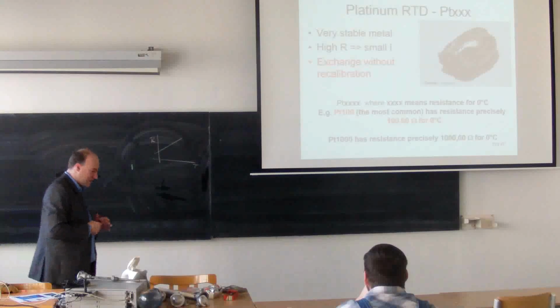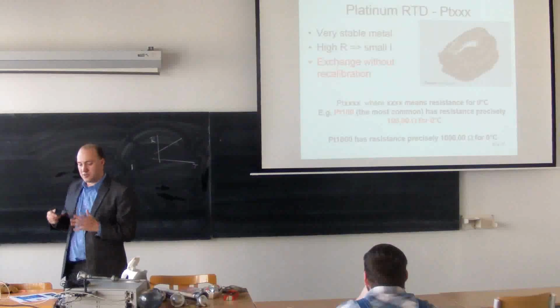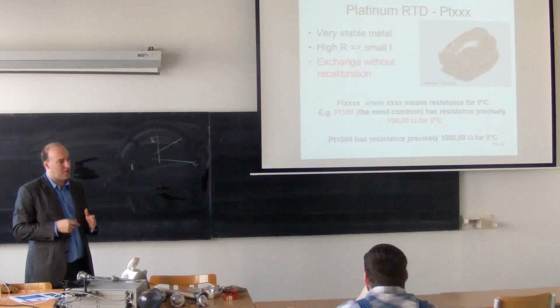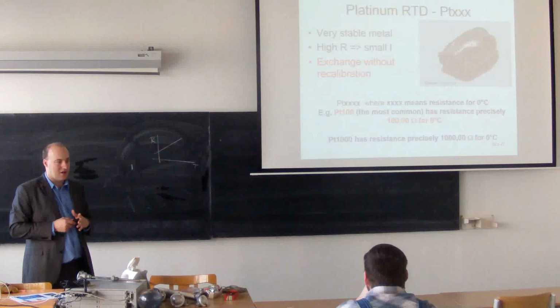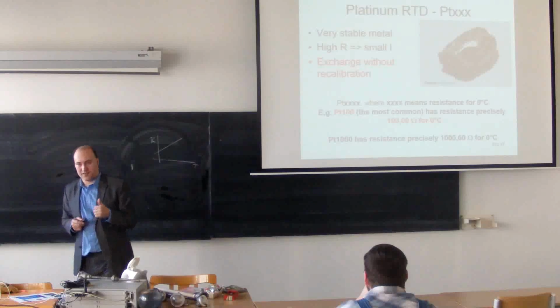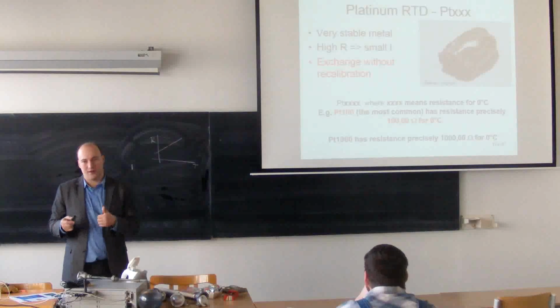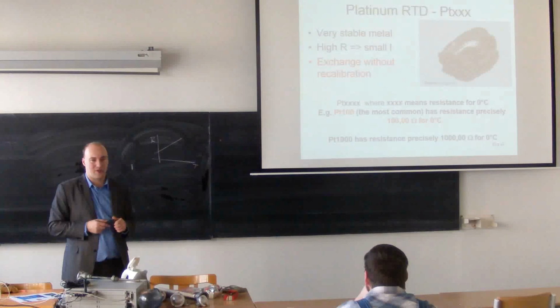The platinum sensor for temperature is the most common type of sensor that you will find in the industry. There are several reasons. Platinum is a very stable metal. It does not change much with time, with some chemical properties and so on.